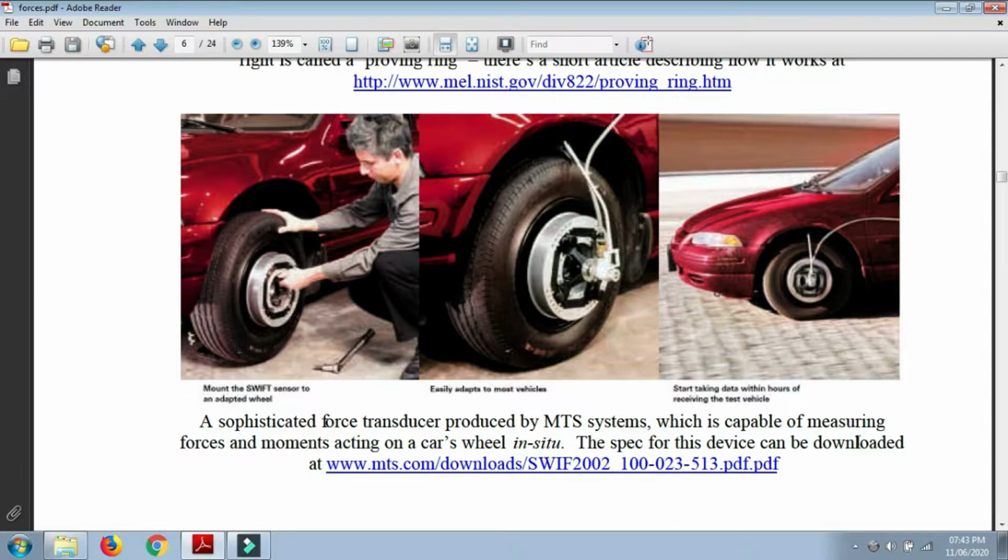The specs can be downloaded from this information. This is not important. Just see how they can do it over there. You can see there is a moment measuring device and a force measuring device being placed to measure the forces and consequently the moments.